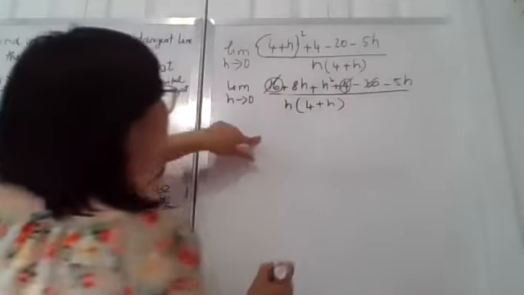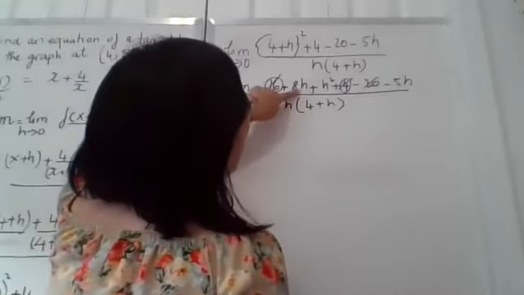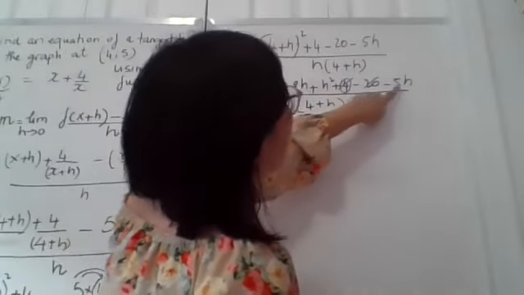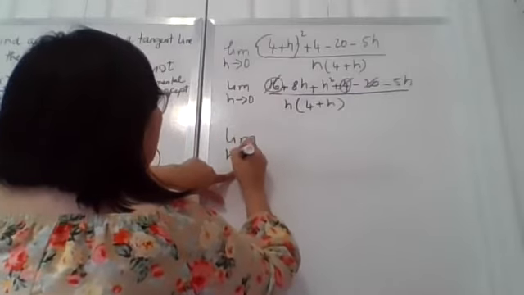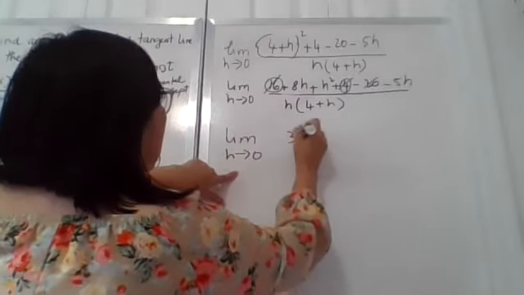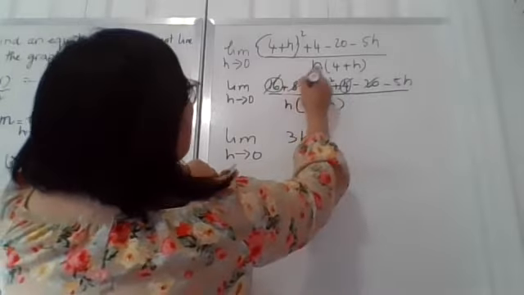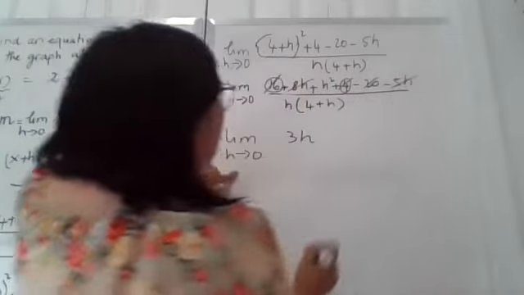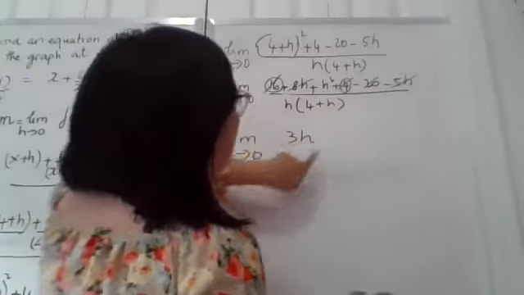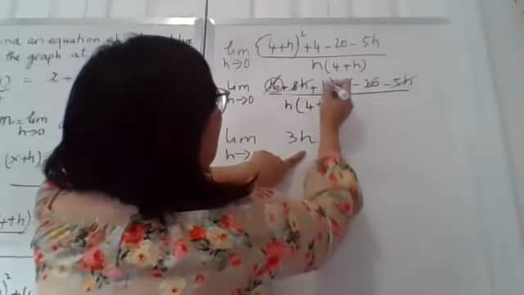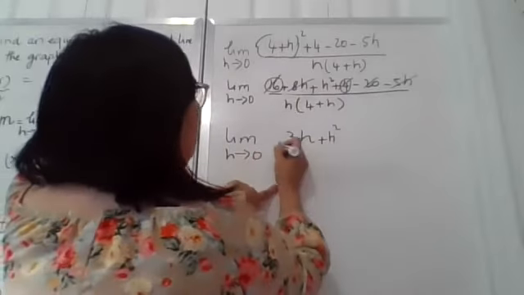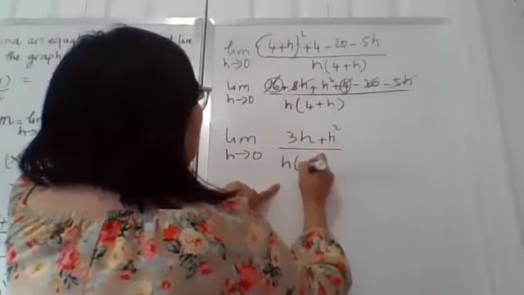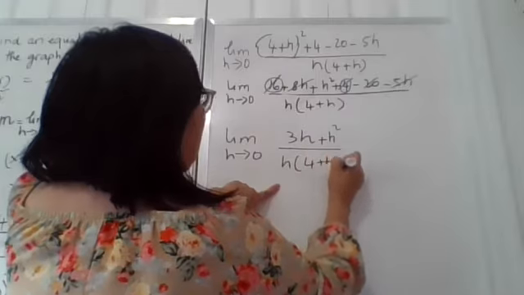They become 0. 8h minus 5h is 3h, right? 8 minus 5 is 3h. So this is gone because we took care of that already. 8 minus 5 is 3h plus h squared, all of this over h times (4 plus h).